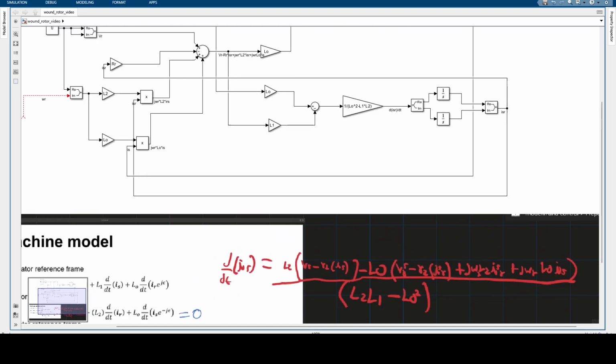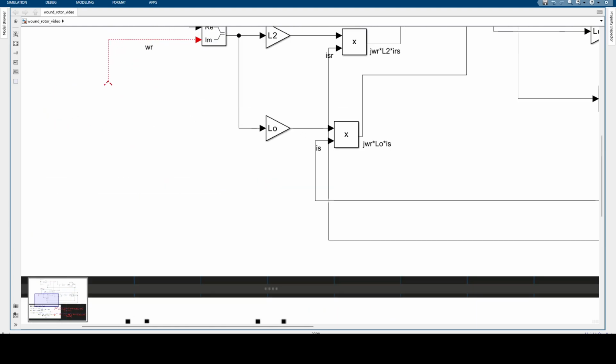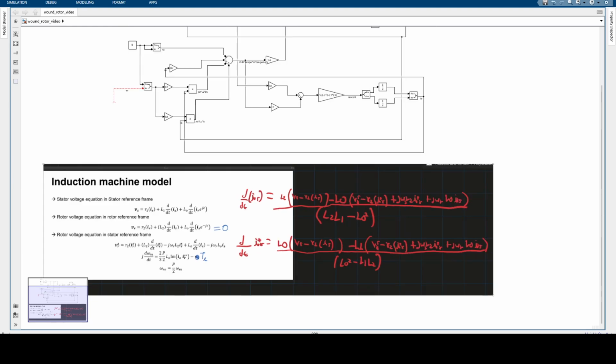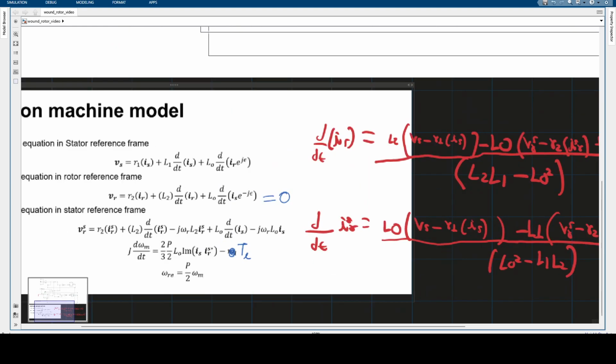Okay, now we need to figure out our omega r. Now, if we look at our equation, we have that our omega m is equal to all of this. So we are going to need the imaginary part of the multiplication of IS times ISR conjugate.